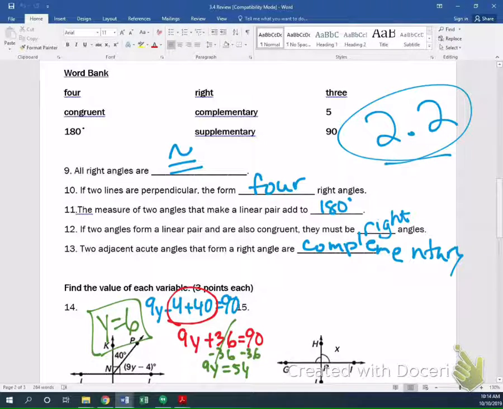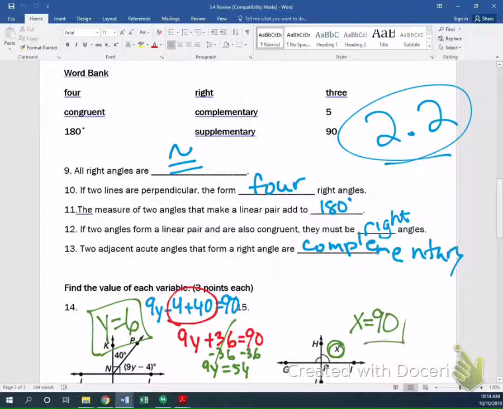Number 15, do you see the X right here just chilling? It is next to a linear pair where both angles are labeled congruent. So when you have a linear pair and both angles are congruent, what is each of the angles? 90. Yeah, it's what we wrote about in number 12. So here you don't even have to solve an equation.